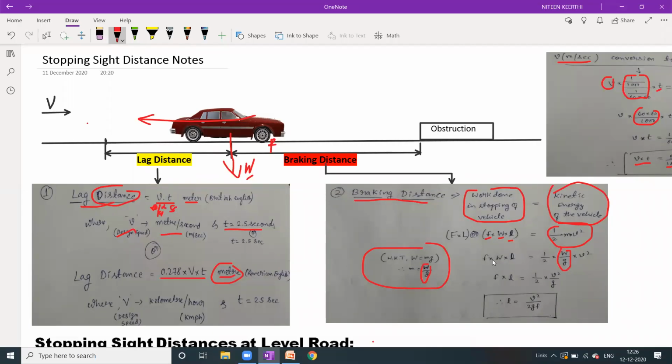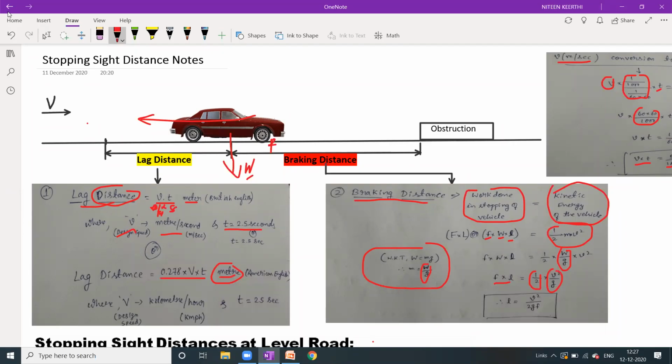Now on both the left hand side and right hand side you have the weight of the vehicle, so that gets cancelled. You are left with f into L on the left hand side and half into small v square by g on the right hand side. So I only need the braking distance, small l.